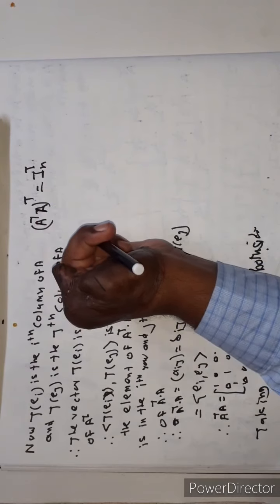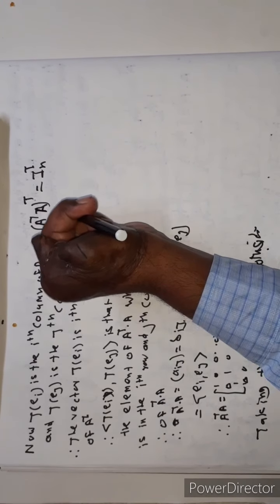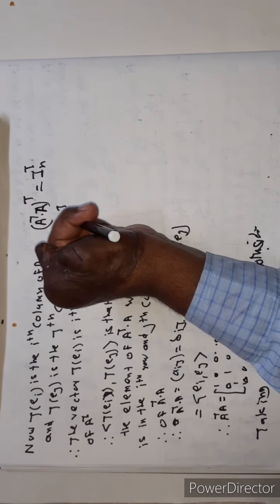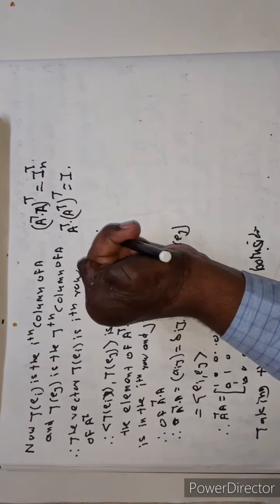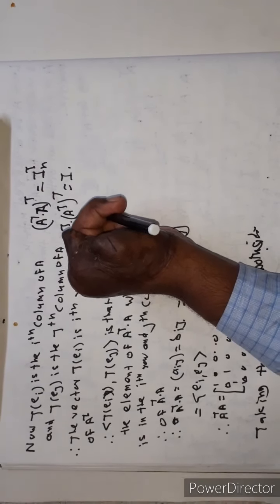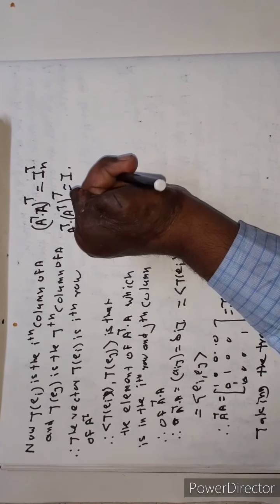But A transpose into A transpose transpose is equal to A transpose A, which is equal to I. Therefore, A transpose A transpose is equal to A is equal to I.